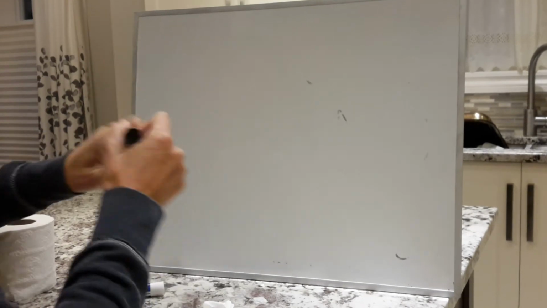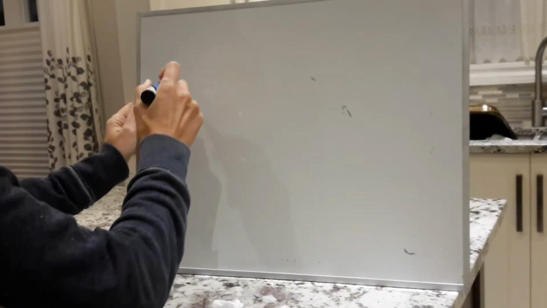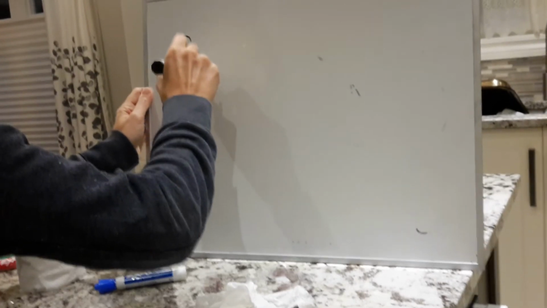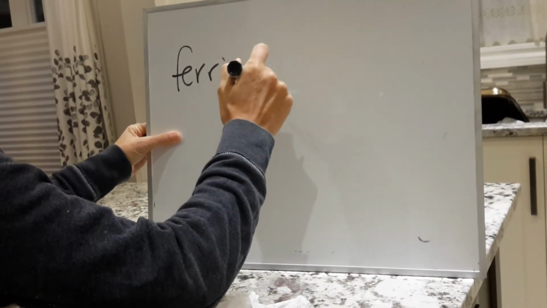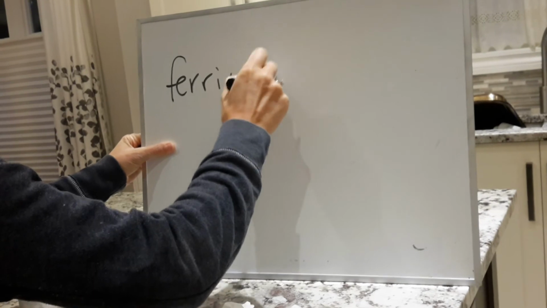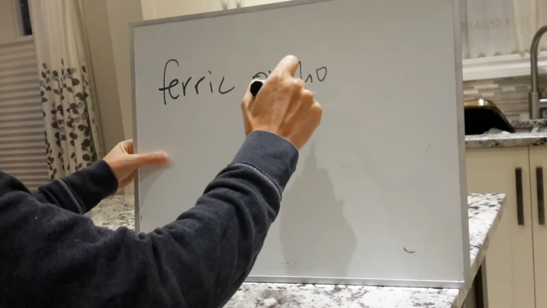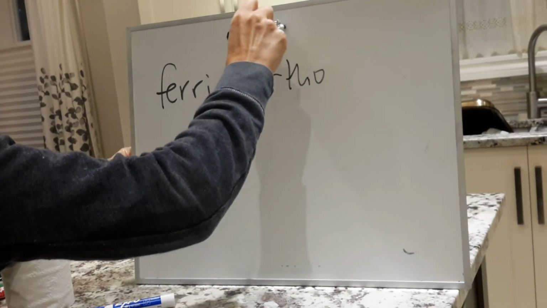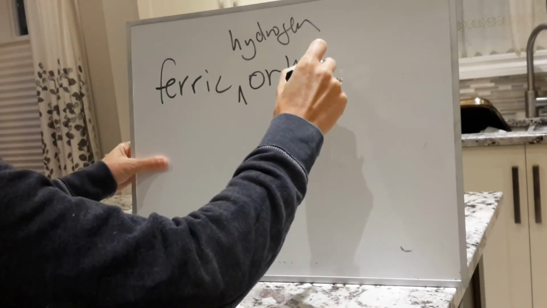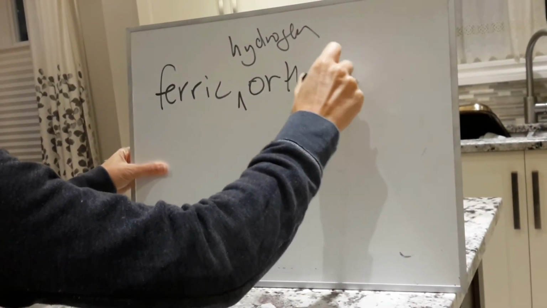So for instance, if you had to name ferric, let's do ferric ortho. Oh, sorry, I forgot the hydrogen. Ferric hydrogen ortho arsenite, let's do.